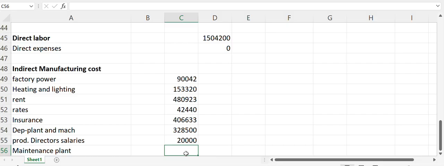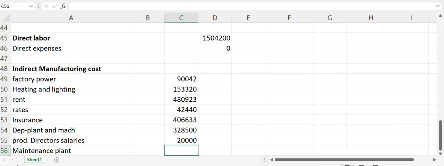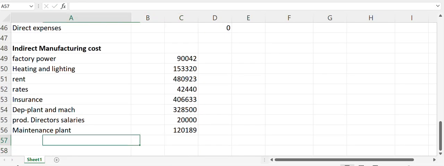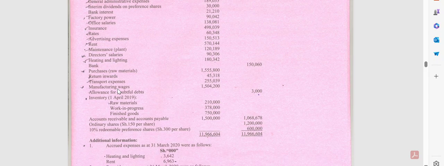So the maintenance plant, let's see, 120, 189, 2189. Then after that, director salary, we are done with that. Heating and lighting. So for heating and lighting, did we have that info?